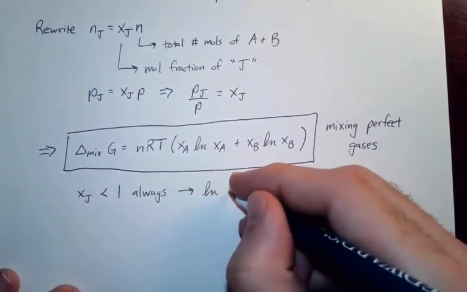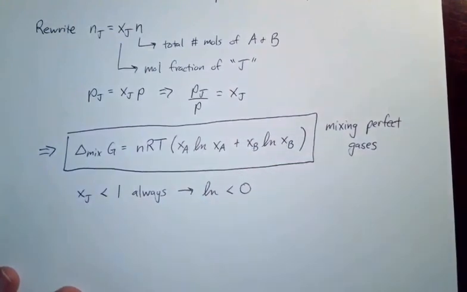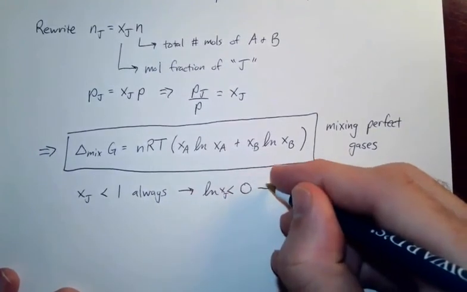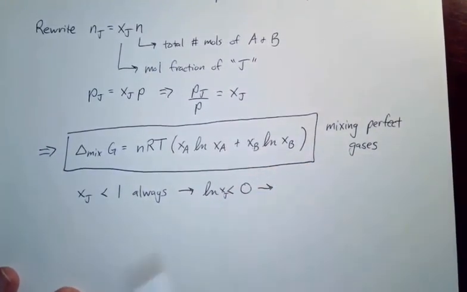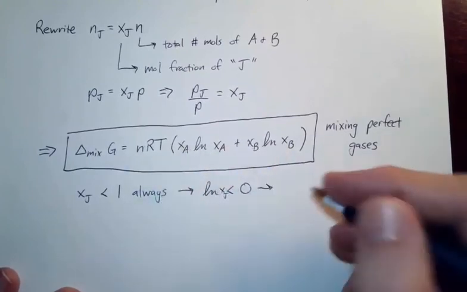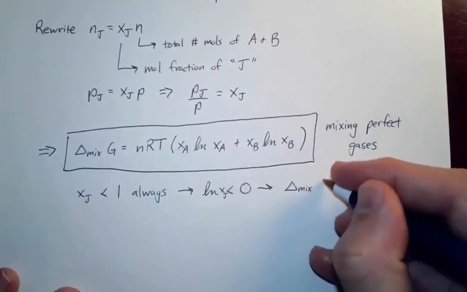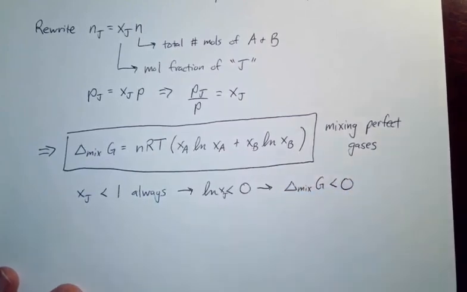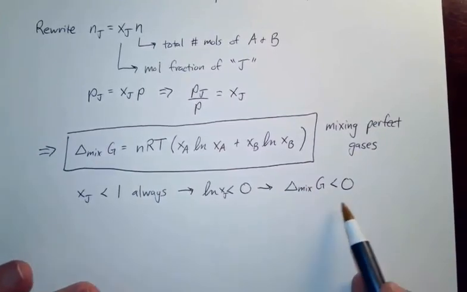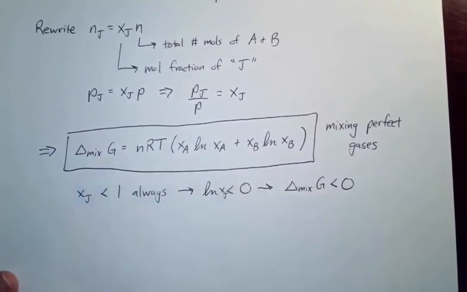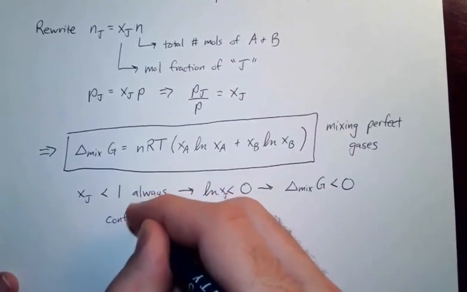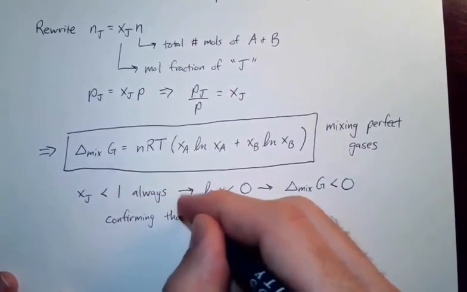So these natural logs of the xJ are negative. Which means that this is a negative number, this is a negative number, and these are all positive numbers. That means that delta mix G is less than 0. And so this is what we have already observed experimentally. We've shown that it must be true, that we've confirmed that perfect gases mix spontaneously.